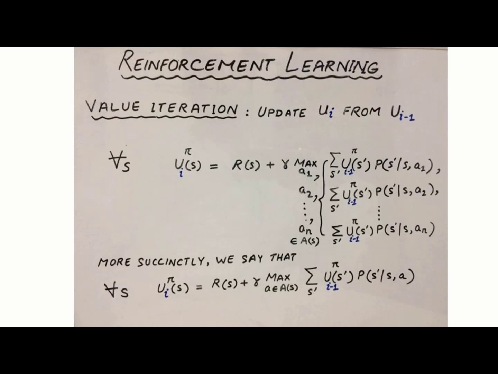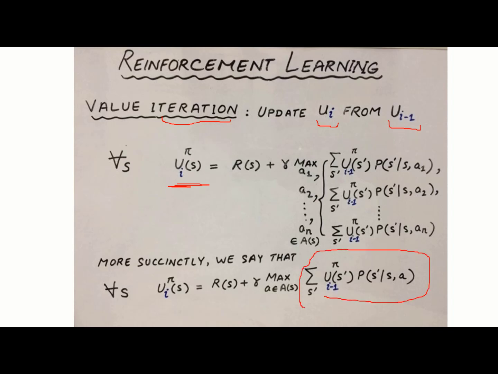The value iteration algorithm, like other machine learning algorithms, has an iterative nature. So we say that we update these u's from u i minus 1. In fact, here we are actually talking about U pi of s, so those superscripts have been missing. So U pi of s in the iteration i will be computed from u i minus 1.